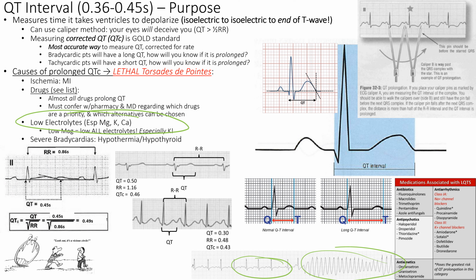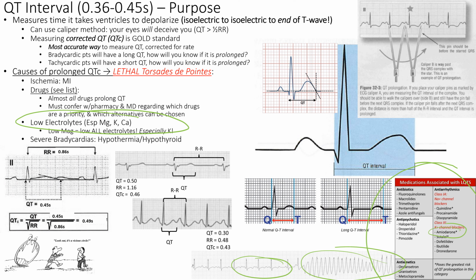A lot of drugs, like almost every drug, has a little bit of QT prolongation, but the drugs we have to pay attention to are down here, the ones that are going to prolong the QT. And notice amiodarone is on that list, right? So amiodarone is a significant reason that our QT can be prolonged, okay?